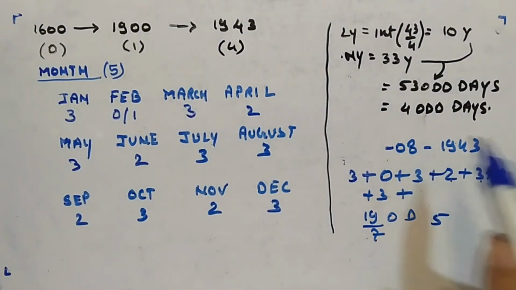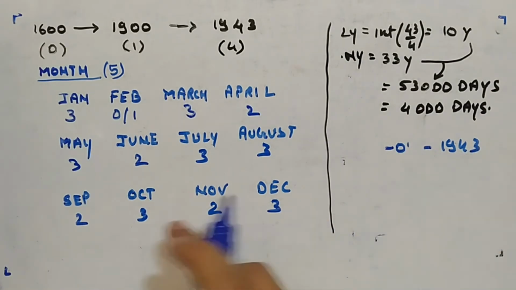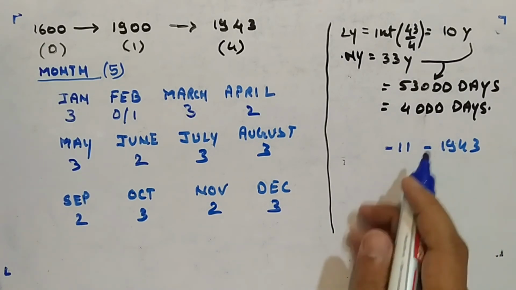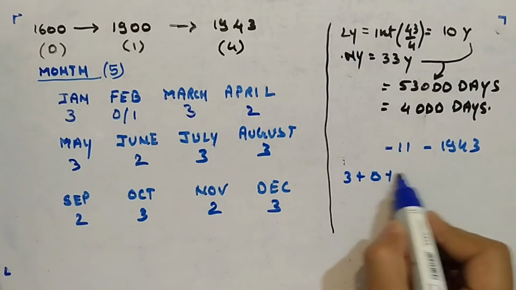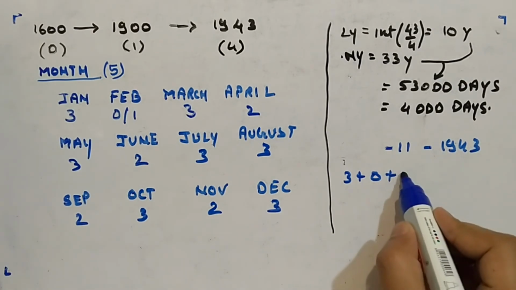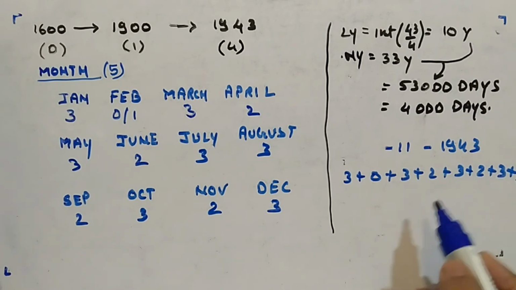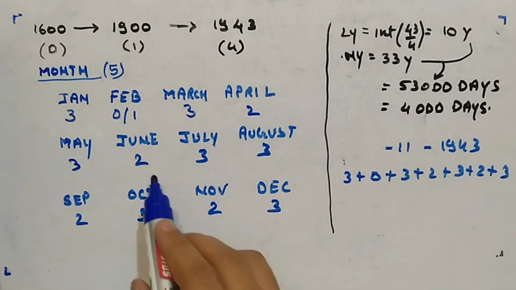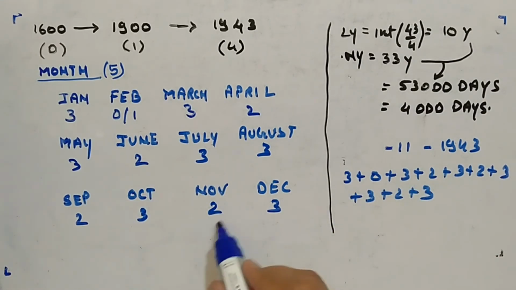This is for August. Now let me take something like November. Then what will be the case? You add 3 plus 0 because it is not a leap year, plus 3 plus 2 plus 3 plus 2 plus 3 plus 2 plus 3, and I won't consider this one because November is not complete.